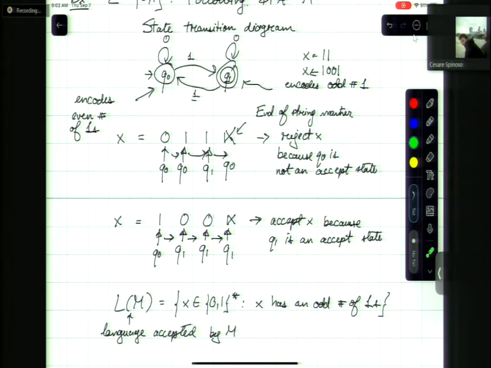And usually, yes. Usually, if you're designing a machine and you want to use as few states as possible, then each state is going to be encoding a unique piece of information. That's right. So it's a deterministic finite automata, and so finite means it has a finite number of states. Yes, excellent.